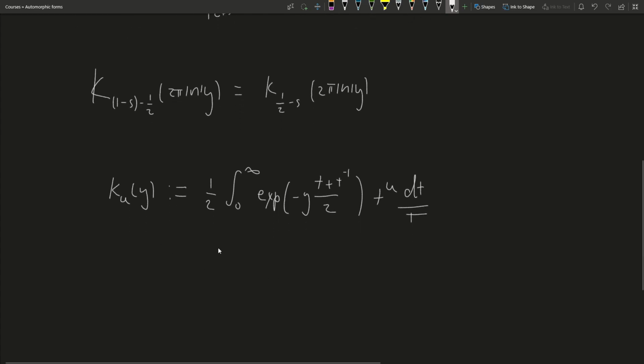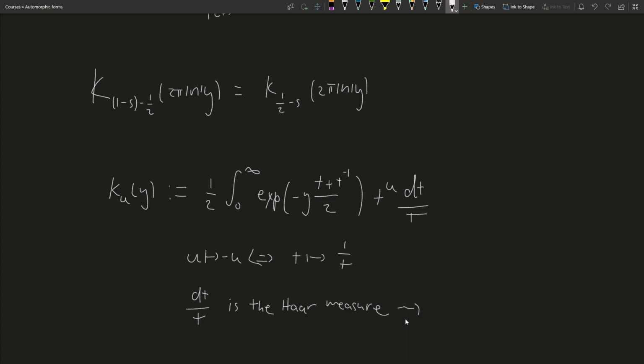And now let's make the change of variables, u goes to minus u. That's the same as t goes to 1 over t. Now dt over t is the Haar measure, so it's going to be invariant under this transformation.